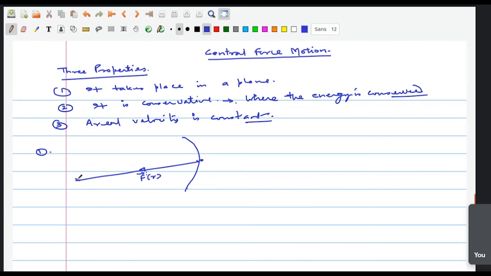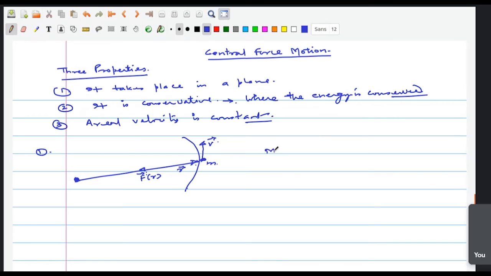Central force motion means the force is always directed towards the center of attraction. This is the center of attraction, and some particle of mass m is moving. This is the r direction, the radius vector, and tangent to the trajectory, this is the v direction.